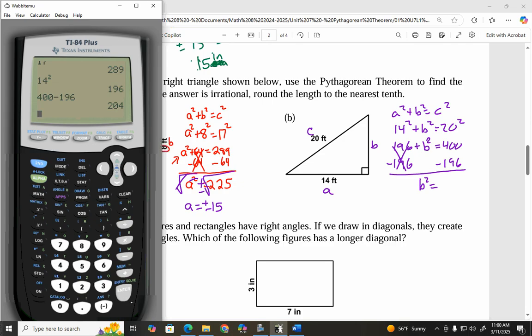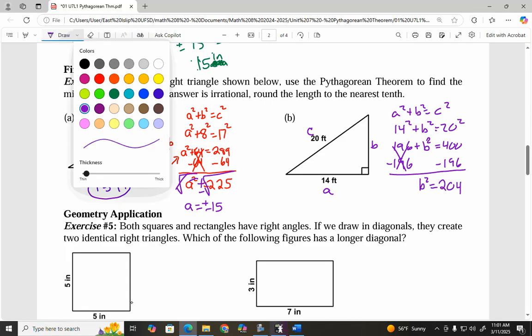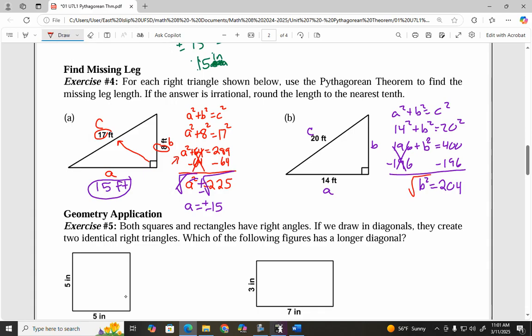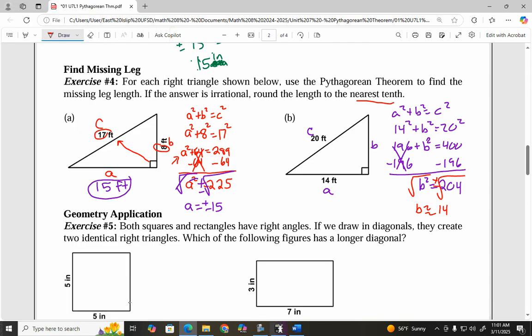Which I don't think is a perfect square. So when I square root both sides, I'm going to have to round. B is about, it does say right here, round to the nearest tenth, the square root of 204 is about 14.3.